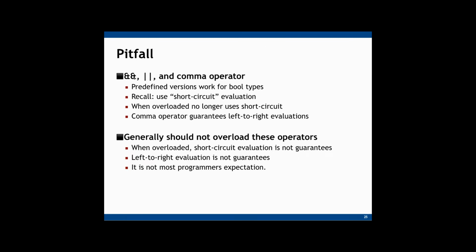And this is the logical and, logical or, and comma operators. You can also overload the logical and, logical or, and comma operators, and they work for the Boolean type.